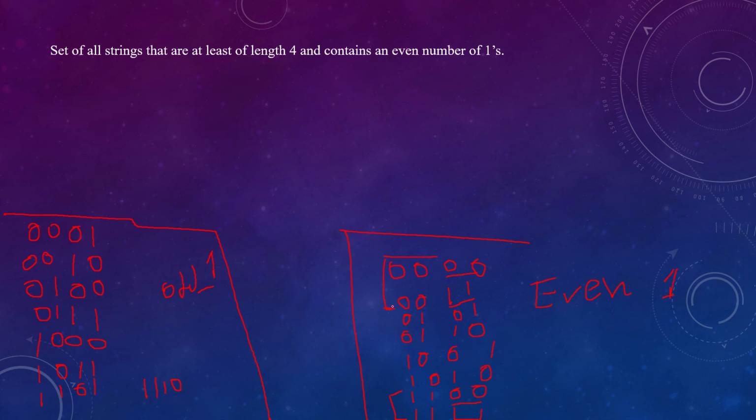So we can generate these 4 numbers using 00 or 11 for the first 2 digits, and then 00 or 11 again for the last 2 digits, right? 00 or 11.